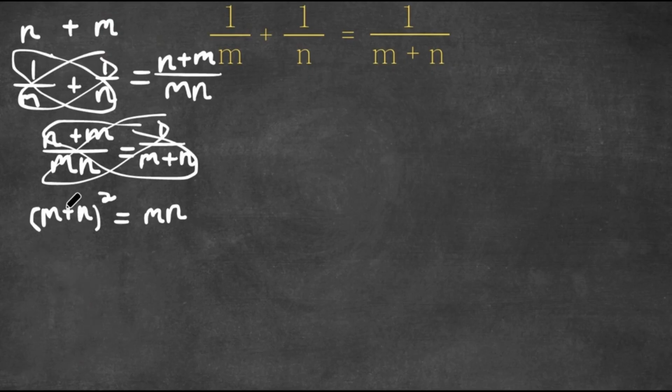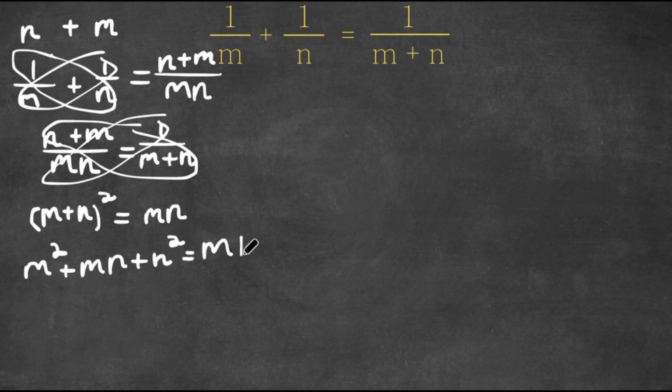Now, if we expand this, we get m squared plus mn plus n squared. And this is equal to mn, now.